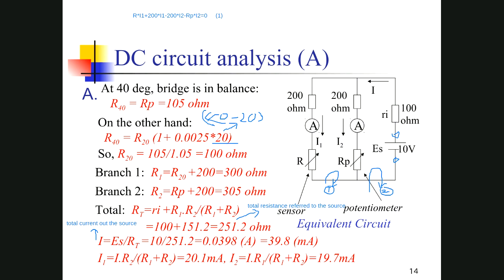So the RP times the I2, so this is the voltage up, plus the 200 ohms times the I2, then minus the 100 ohms times the total current, which is I1 plus I2.